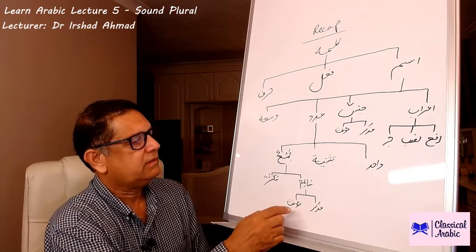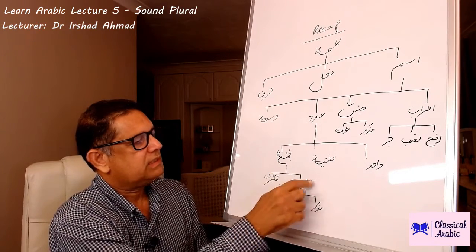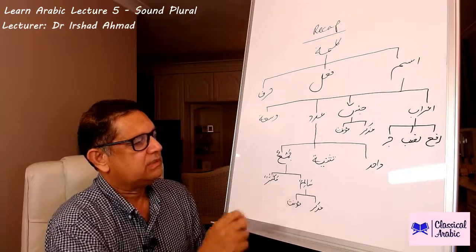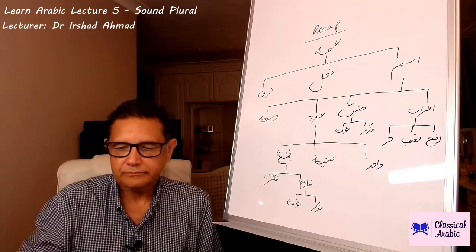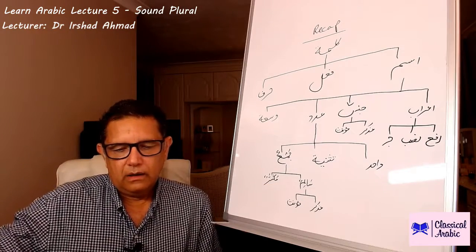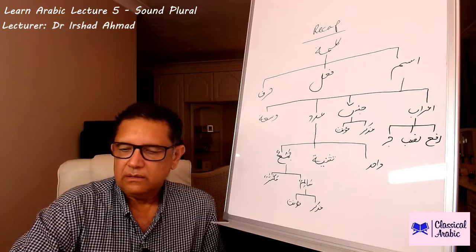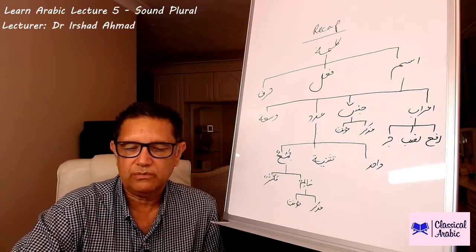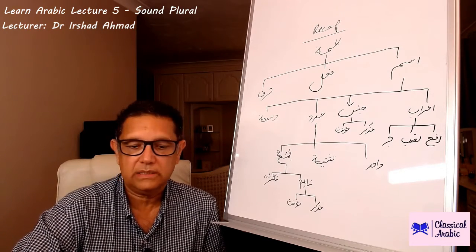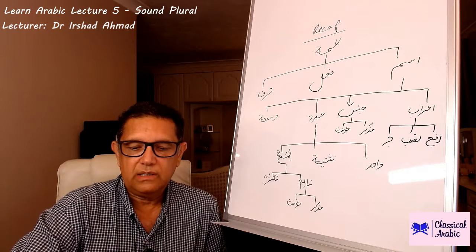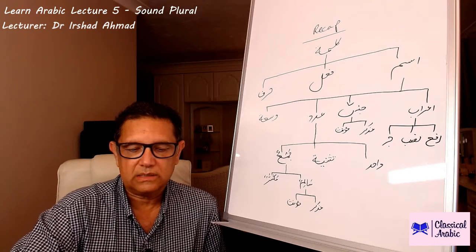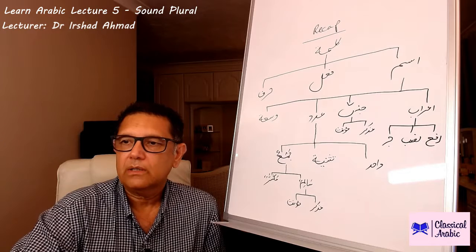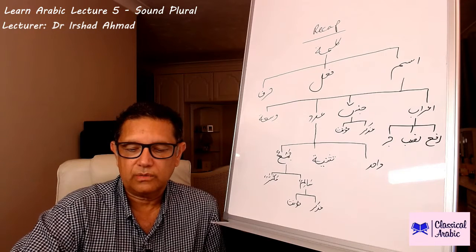So we have jam'a muzakkar salim and jam'a muannas salim. For wahid there is no rule. We will have to consult the dictionary. We have learned rules that govern the construction of duals. Today we are going to look at plurals.